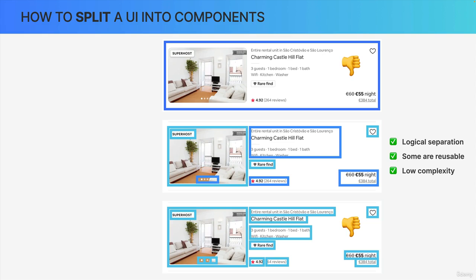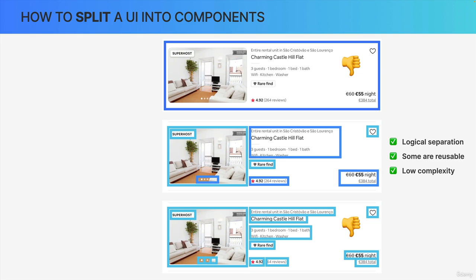So here we have a more logical separation of the content into different components, and some of these components are probably even going to be reusable, like the heart button or the superhost label. Also, each of these components has a well-defined responsibility, like displaying the price or the rating, and they're also not overly complex.